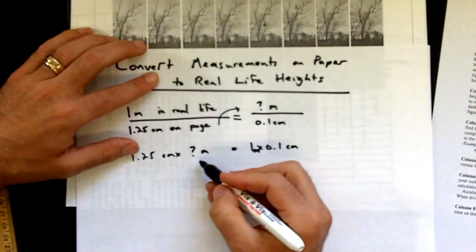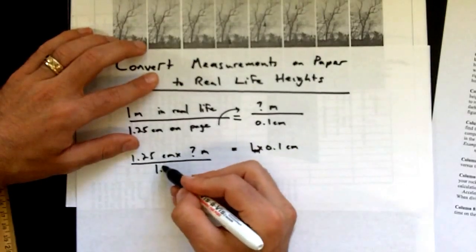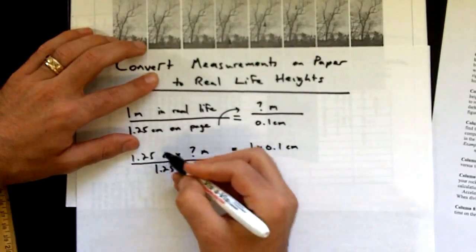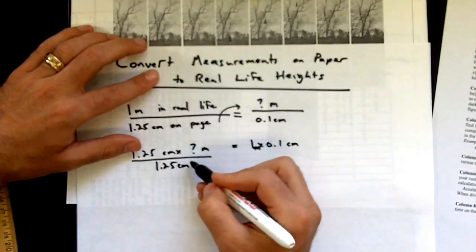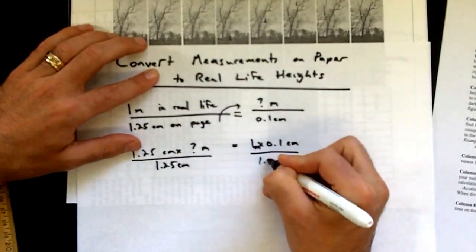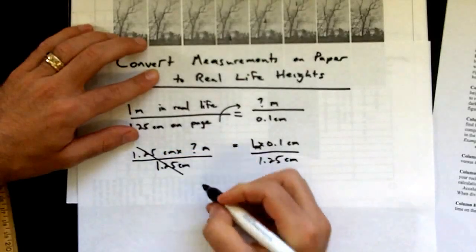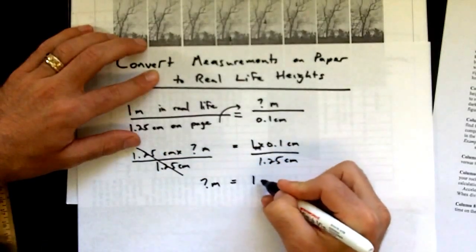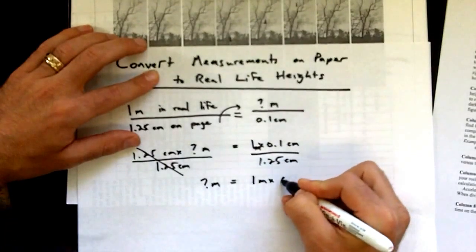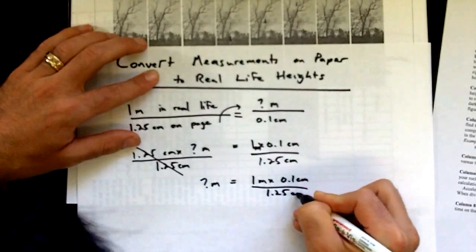We are trying to get this question mark all by itself on one side, so let's get rid of 1.25 centimeters on that side by dividing by 1.25 centimeters. And whatever we do on the left side of an algebraic equation, we have to do to the right side, so we'll do that there. Over here, these cancel out, and we're left with just question mark meters equals 1 meter times 0.1 centimeters divided by 1.25 centimeters.